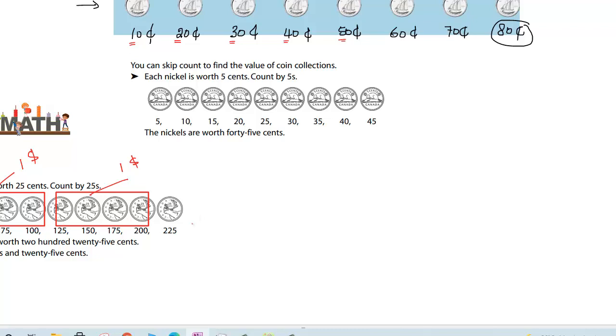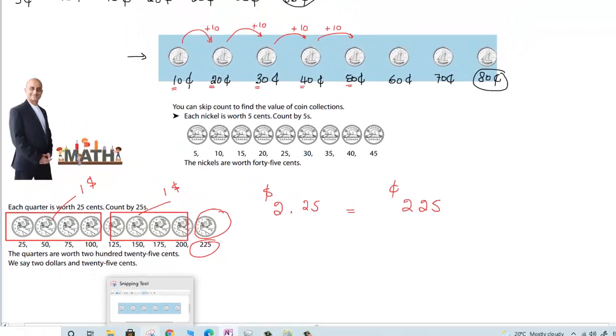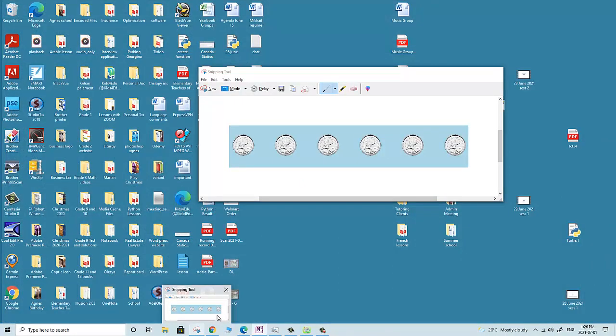So I finish that, and I have this extra. So that means I have $2.25. If someone needs this value in cents only, I can say 225 cents. And here you can see the answer, 225 cents. So 225 cents is equal to $2.25.